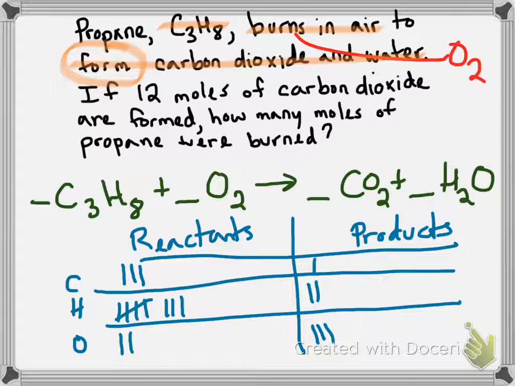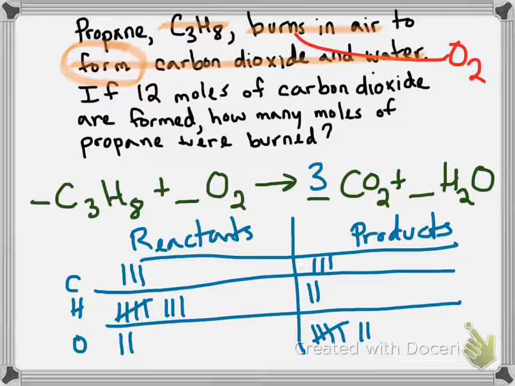I'm going to start by balancing my carbons. I have 3 on my reactants, so now I have 3 on my products, but that 3 also affects the oxygen. So that's 3 times 2, which gives me 6 oxygens plus the 1 oxygen from H2O. So now I have 7 oxygen atoms on my product side.